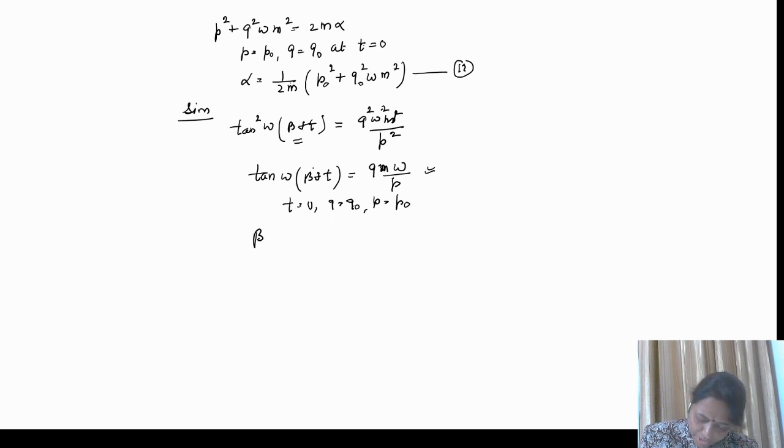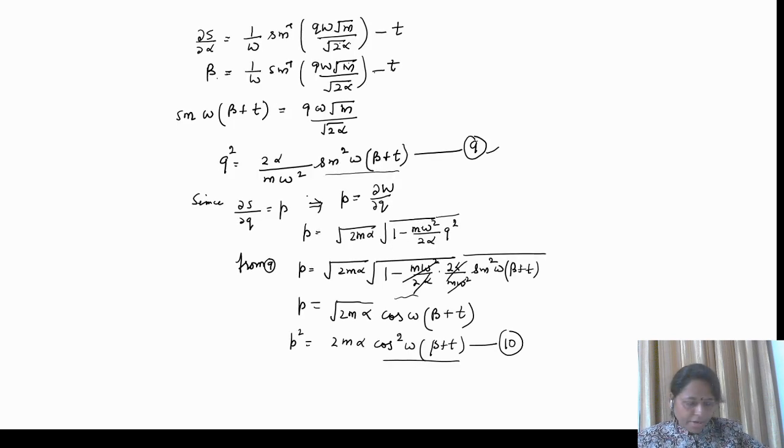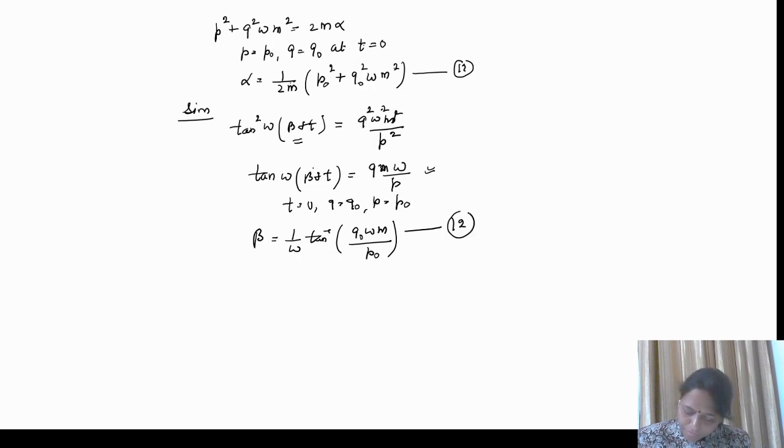You will get beta as 1 upon omega tan inverse of q naught omega m upon p naught. So you look at these expressions, 11 and 12. This is alpha in terms of initial coordinates, and this is beta in terms of initial coordinates.